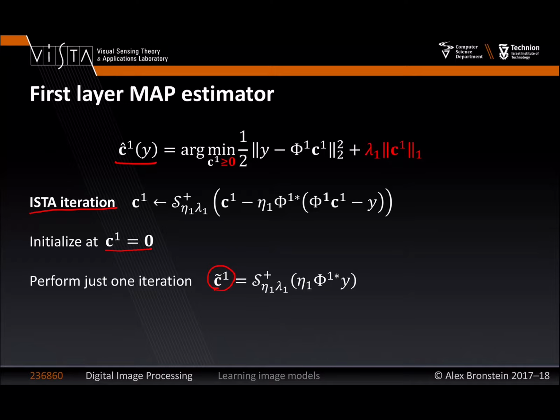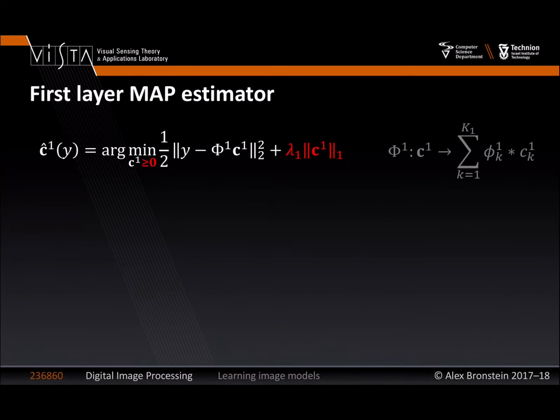We'll apply the proximal operator, which I remind you looks like this, right? It's a one-sided soft threshold, which I'm denoting by this S plus, applied to phi 1 adjoint acting on y. And there is some scale that depends on the step size, and the step size also goes into the threshold. So I can simplify this expression.